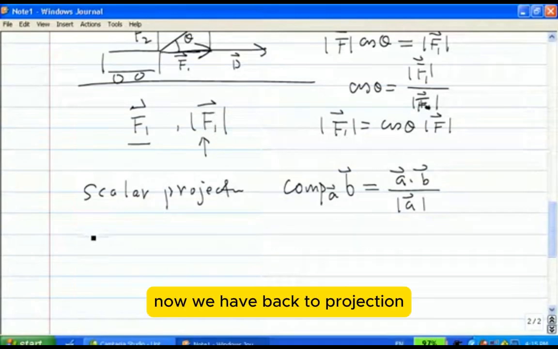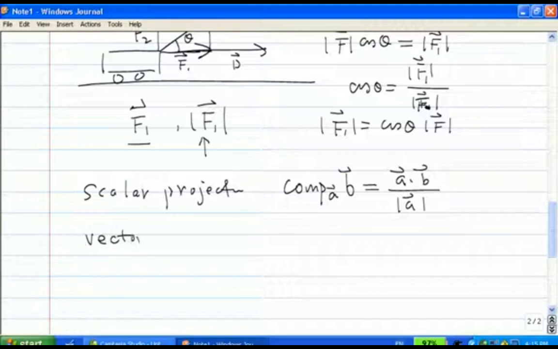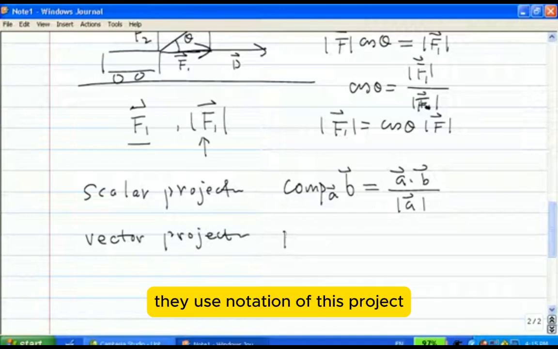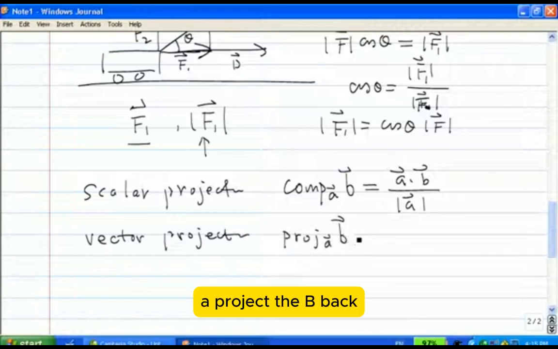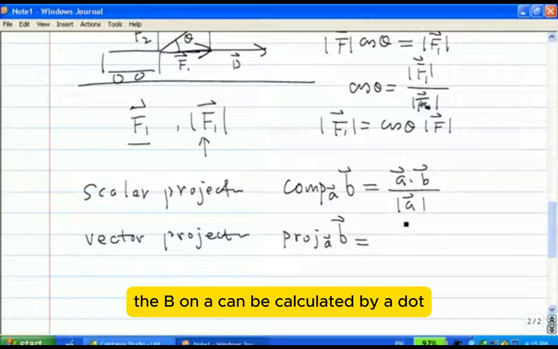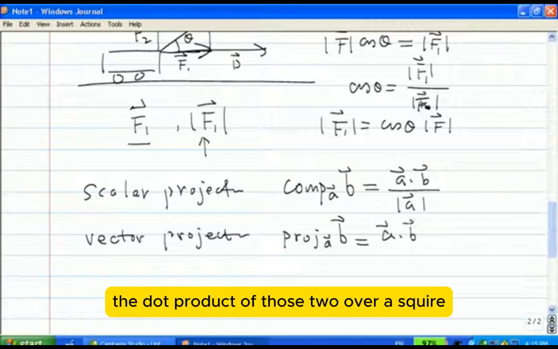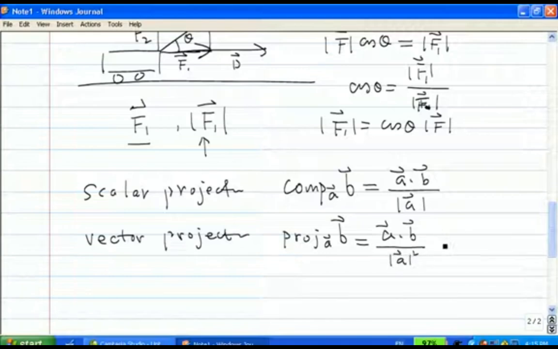Then we'll have the vector projection. They use a notation like this: project vector B on A can be calculated by the dot product of those two over A squared, then times A.